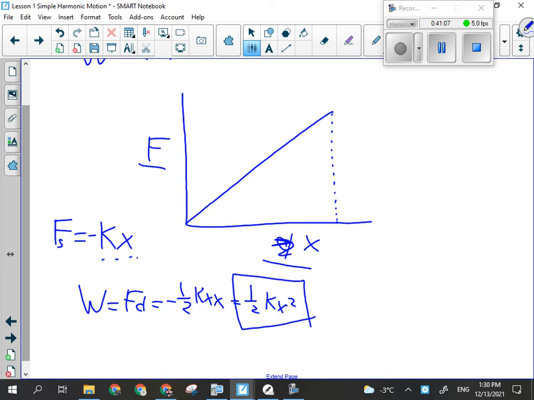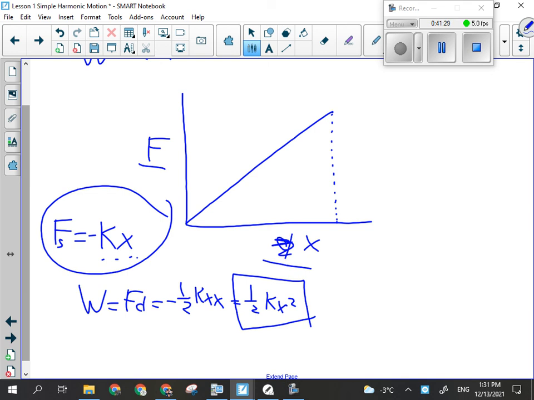Now, if we go back just a second to Hooke's law, why is there a negative in there? Hooke's law calculates the restoring force, the force that's trying to bring the object back to equilibrium. Why does there have to be a negative in that answer?